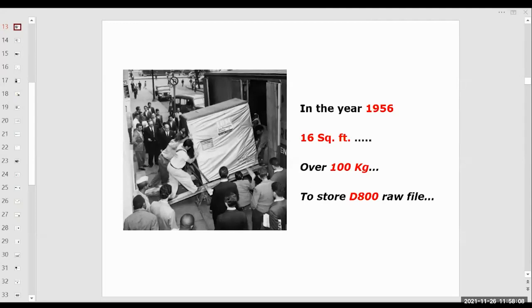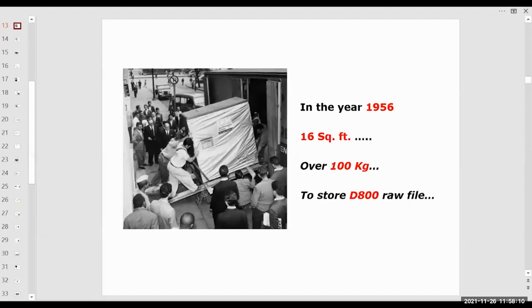Okay. So here you see the example I've been talking about. This is the device that can store only one DNG raw file, and you see that these are 6 feet tall persons, and 100 kilograms in weight, and this can only store just one file.